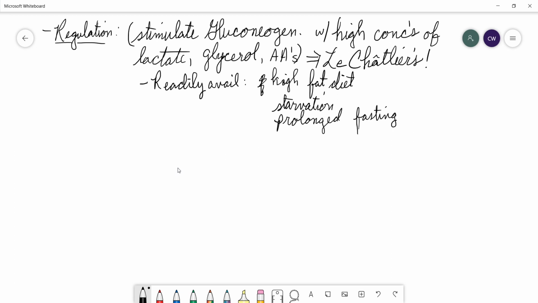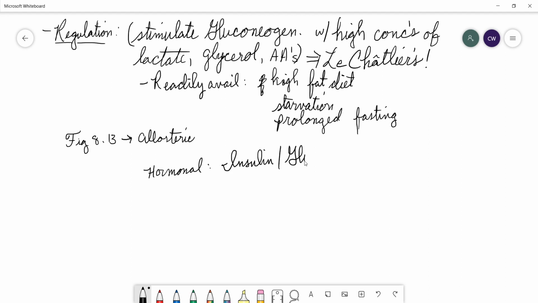Allosteric regulation is summarized very well in figure 8.13 of your textbook. Hormonally, it is controlled by the insulin to glucagon ratio.